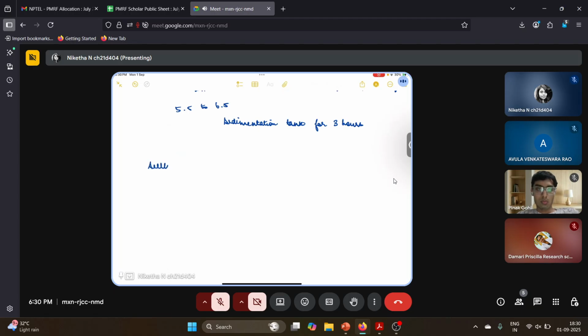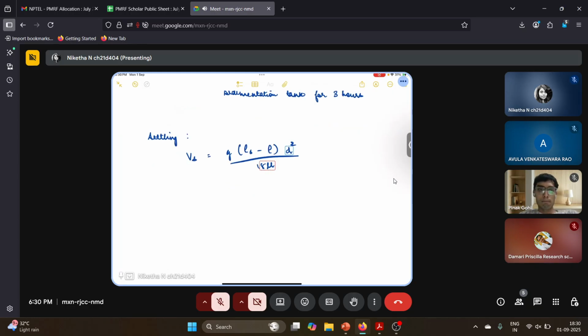Now for settling, the settling principle follows Stokes' law, where the settling velocity or Vs is given as... So Vs is your settling velocity. Rho s is particle density.